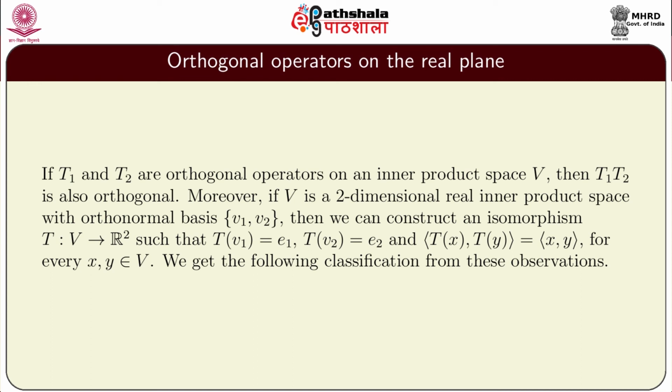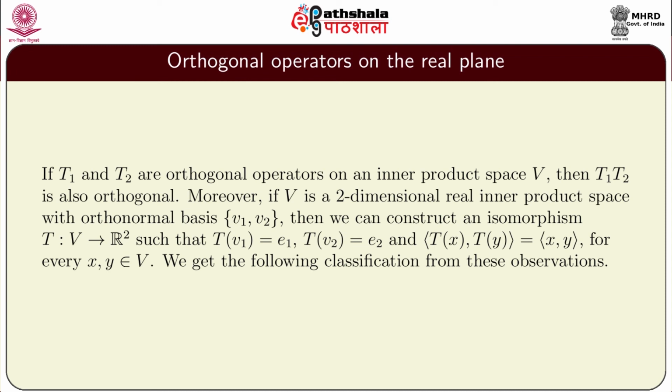Moreover, if V is a two-dimensional real inner product space with orthonormal basis v1 comma v2, then we can construct an isomorphism T from V to R2 such that T of v1 is equal to e1 and T of v2 is equal to e2. Moreover, inner product Tx comma Ty is equal to inner product x comma y for every x, y in V.